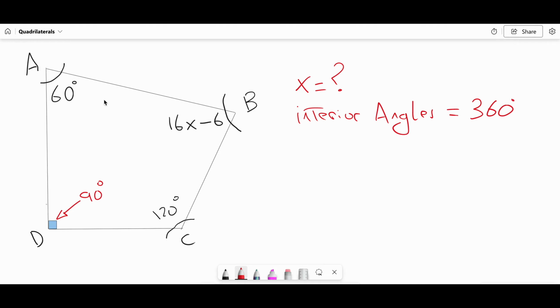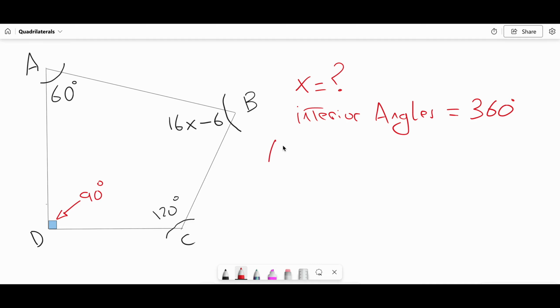The sum of the interior angles of any quadrilateral, angle A plus angle B plus angle C plus angle D, is always equal to 360. In any quadrilateral, each one of the angles added should add up to 360. So all we need to do is add these four angles to 360 in order to find x.